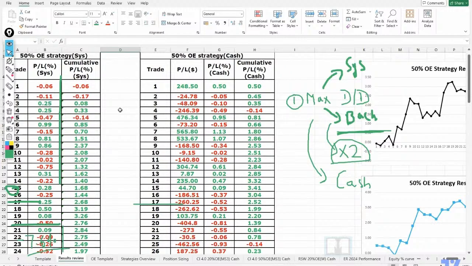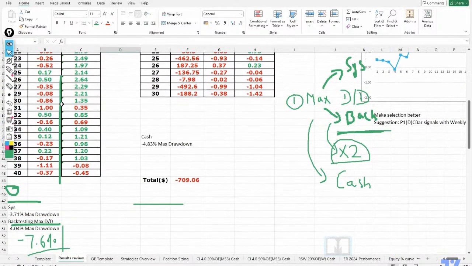On the 50% OE, again we go through our system maximum drawdown, which is about minus 3.71. Our backtesting drawdown is about minus 4.04, which you can see over here. Let me just quickly erase those away so you can see it more clearly.